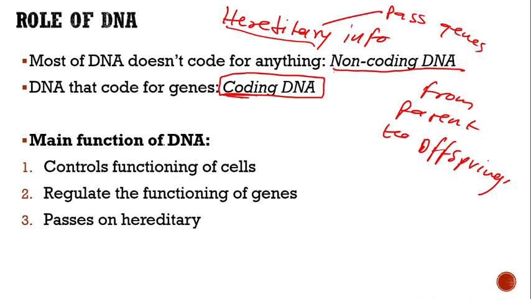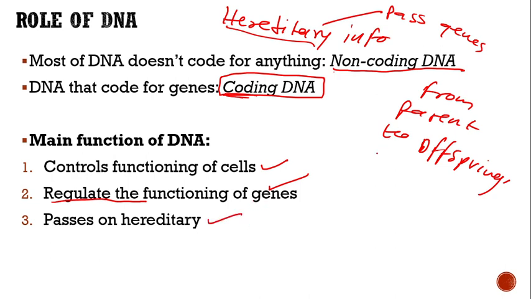So from this coding DNA, what is the main function of DNA? It controls functions of the cell, all functions of the cell. And then it regulates and controls the functioning of genes. And then it passes on hereditary information.